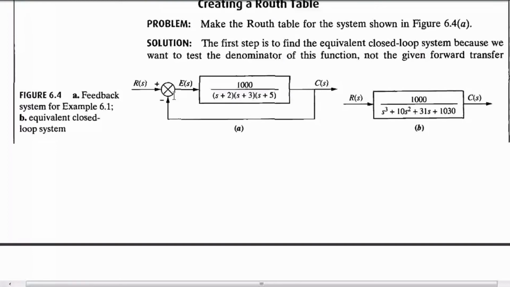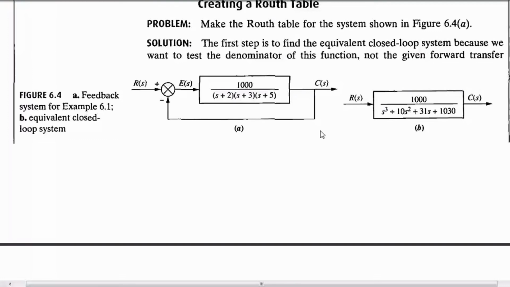So if we solve that, we'll find out the equivalent closed loop system, which is in figure B, right? So this is what we have here. Because this is a negative feedback, we have to solve through the feedback formula, right?